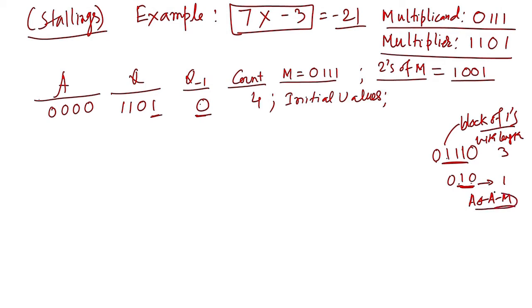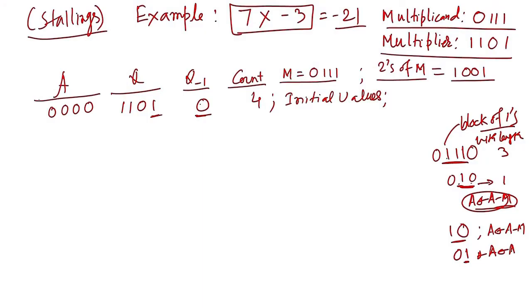So, in summary, if it is 0 1, that means the block of 1s is going to start, so we have to perform A minus m. Now, if it is 1 0, that means the block of 1s is completed. So, maybe a new block may start in future or may not, but the block of 1s is completed. So, in that case you have to add A plus m. Okay.